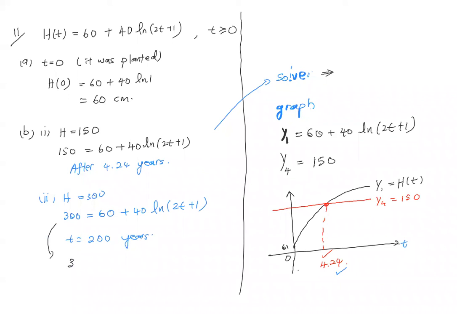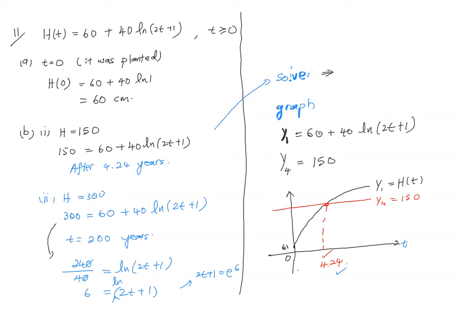So 300 minus 60 is 240. 240 divided by 40 equal to ln (2t plus 1). So 6 equal to ln (2t plus 1). Yep. So 2t plus 1 is equal to e to the power of 6.